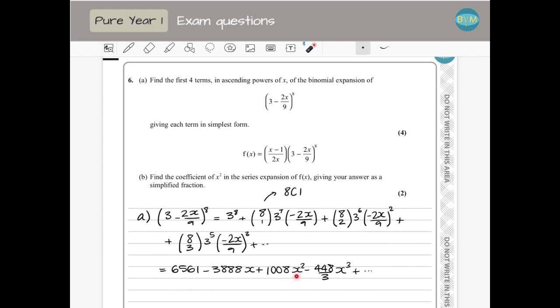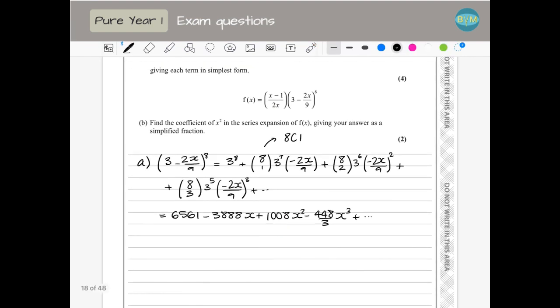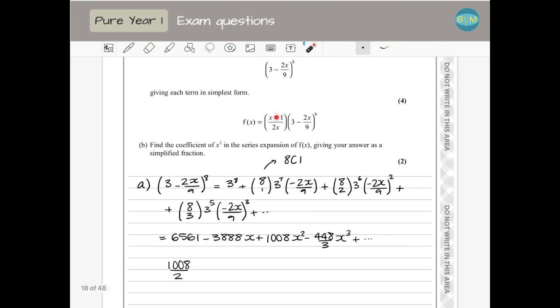Because I'm multiplying by x and dividing by x, it's this one. So my coefficient is going to be 1008 divided by 2. So the first that is giving me x squared is 1008 divided by 2. And then if I multiply the minus 1 divided by 2x by my expression, I need to pick one that when I divide by x, I get x squared. So it's going to be this one, because I'm dividing by x.